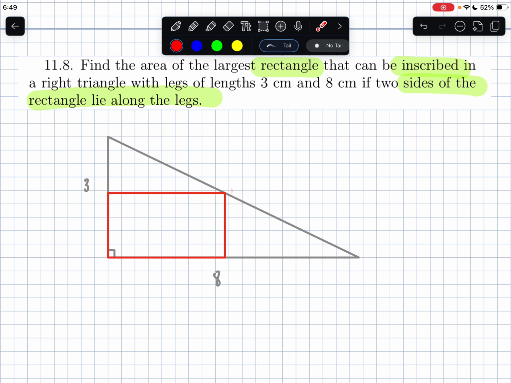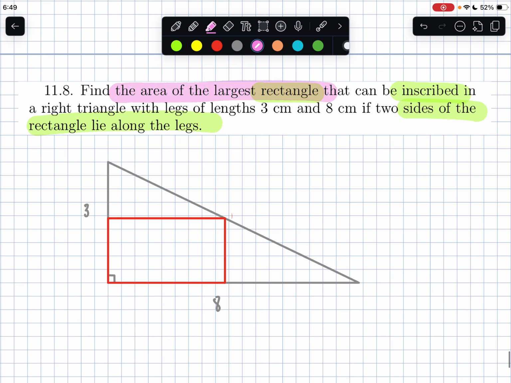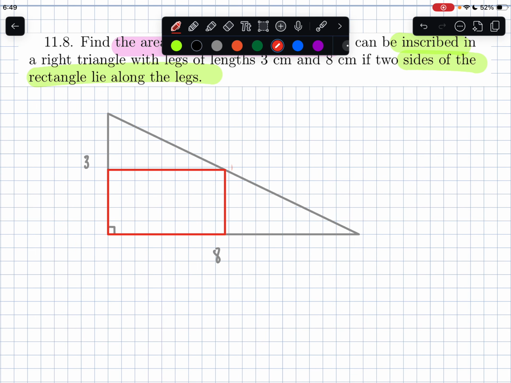And now we need to maximize the area of the rectangle. So they want the area of the largest rectangle. So we need to maximize this area. Let me call x this length, and y this length.